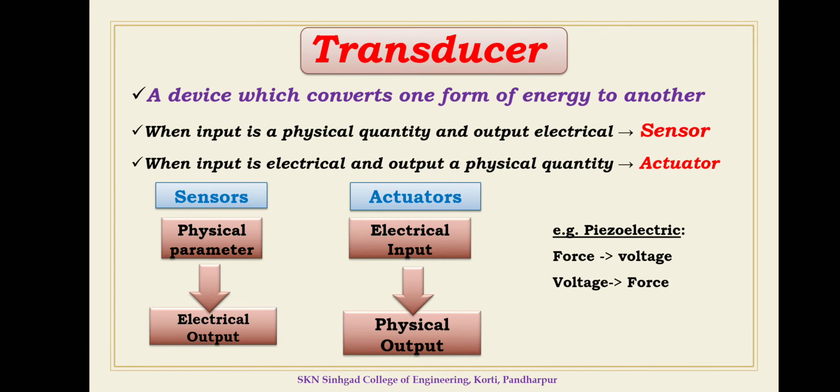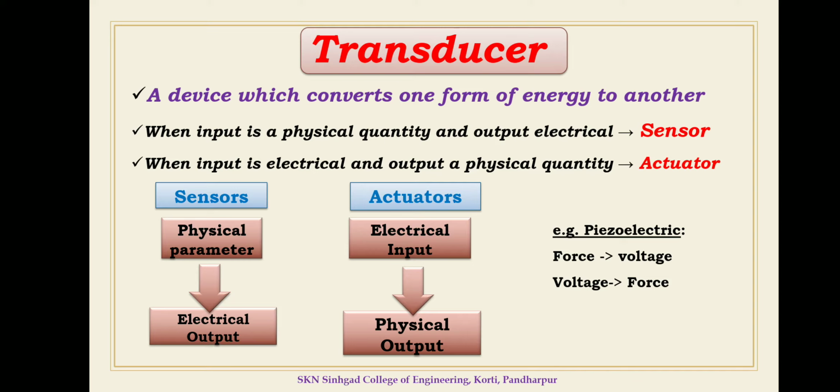Then the term transducer. Transducer is a device which converts one form of energy into another. Transducer is a device which converts one type of physical variable like force, pressure, temperature, velocity, flow rate, etc. into another form, meaning electric voltage.